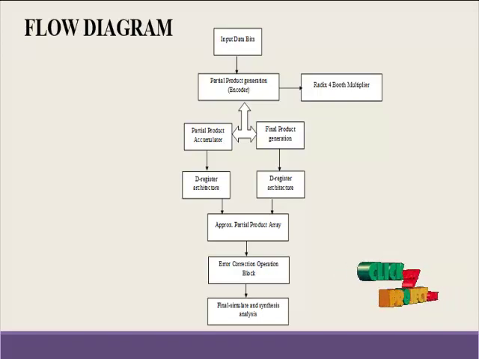And lastly we go into the error correction operation block. Wherever an error occurs in the multiplications, we go through the array encoding process, calculate the distance, and find where the error occurs.